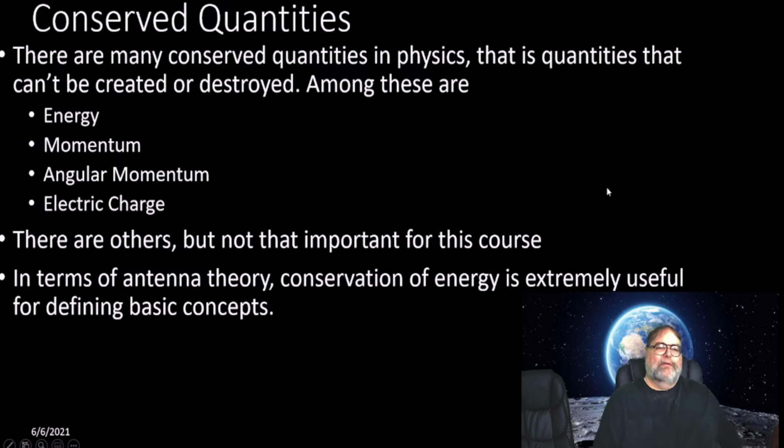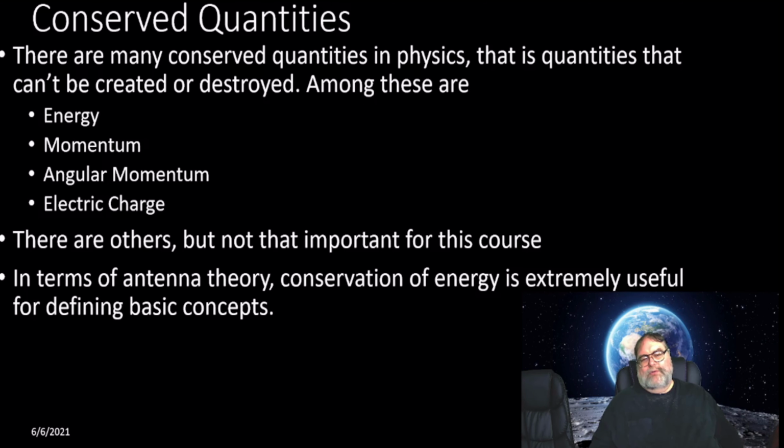Conserved quantities. There's a lot of quantities in physics that are conserved. These are almost taken as axioms, but there's conservation of energy, momentum, angular momentum, electric charge. There's all kinds of things that are conserved, but it's not important.